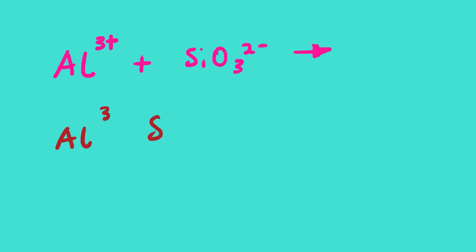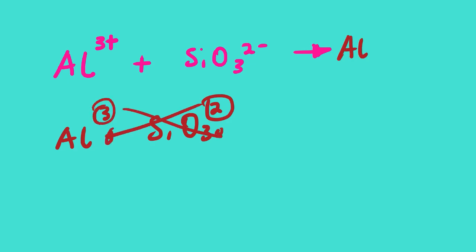So we have Al 3 and then we have SiO3 2. When we cross multiply, we should introduce a bracket. So we have aluminium silicate, which will be like this. This 2 will come here, this 3 will come here. So we have Al2 here, we open bracket, SiO3, then we have 3 here.